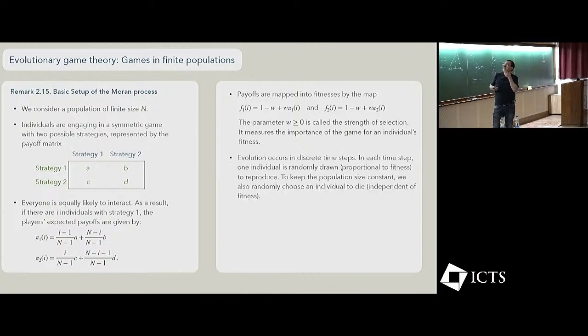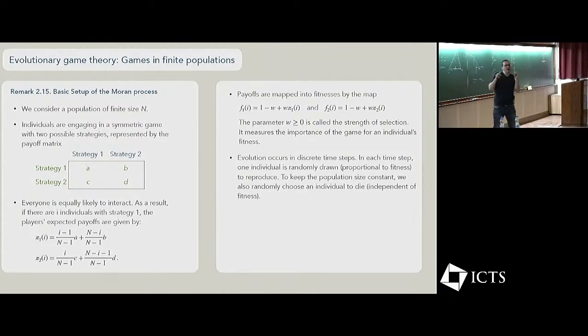All right, and here the assumption is that evolution, like with replicator dynamics, we had continuous time, now we have discrete time. So in each discrete time step, you choose two individuals at random: one is chosen in proportion to its fitness, and one is chosen just randomly. The one chosen in proportion to its fitness is allowed to reproduce, and the other individual, chosen randomly, is chosen to die.